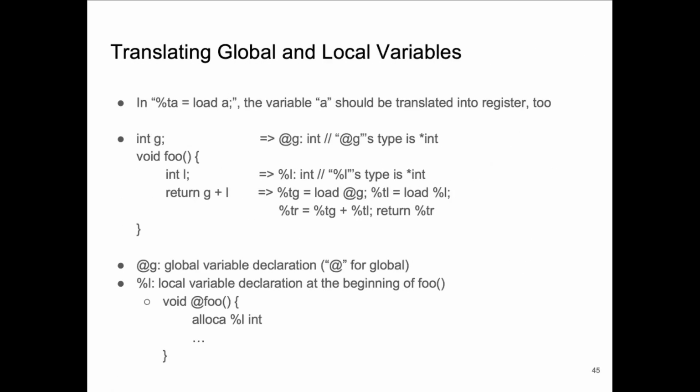The next topic about IRgen is translating variables, and in particular, translating global and local variables. So, for example, in this statement, %ti equals load a, we are going to load the value from a pointer a, where this variable a should be translated into some register in IR.